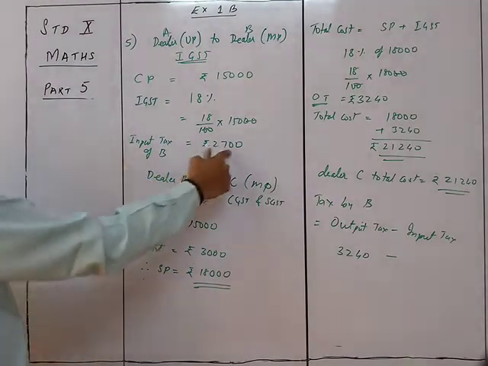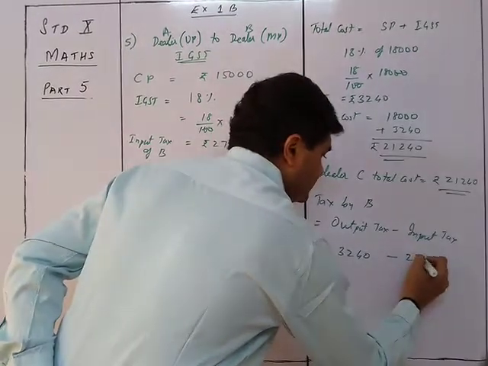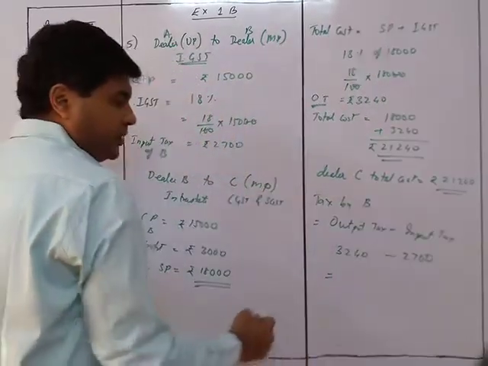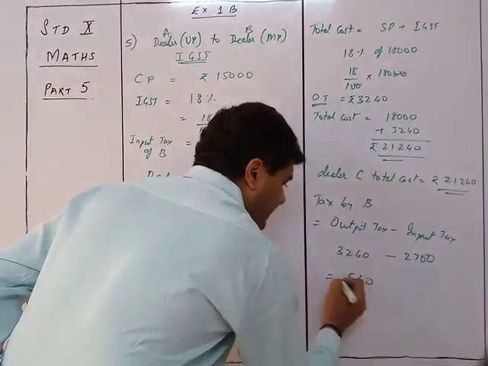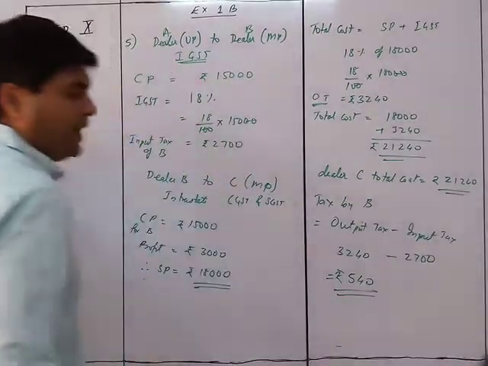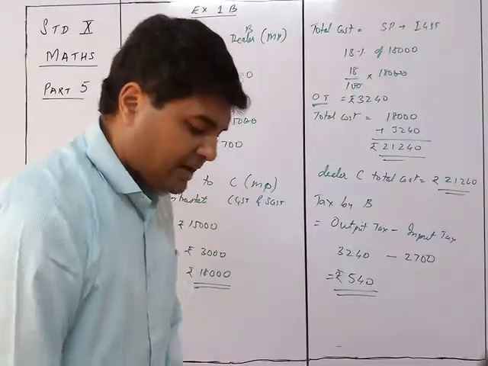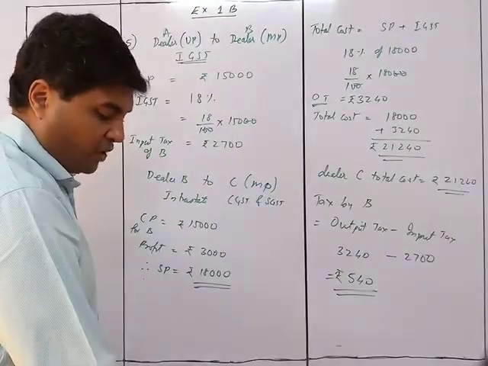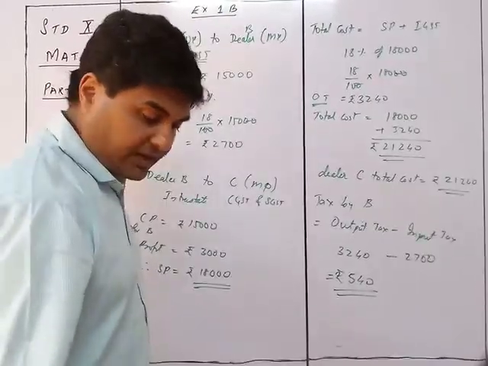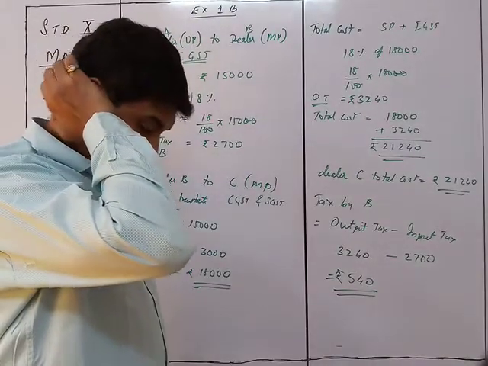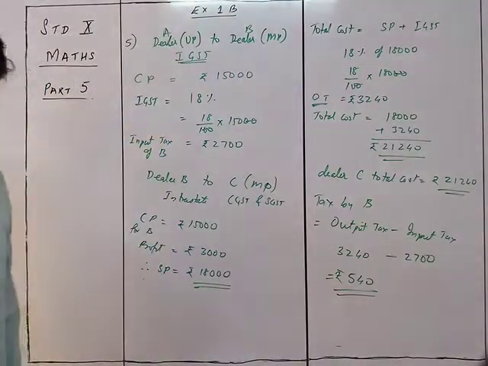Yeah, input tax 2700. So accordingly it will be 540 rupees that he paid as the tax. So the tax payable by dealer B is rupees 540. Is it clear? So that was sum number 5. We now move on to sum number 7.